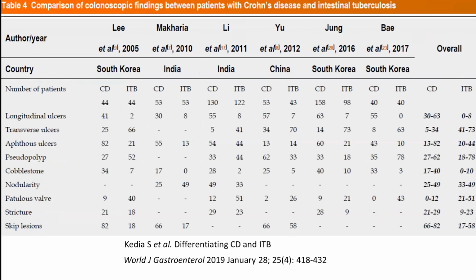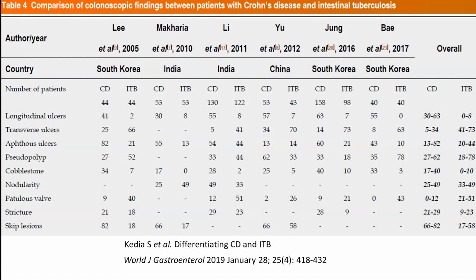The main differential of GI tuberculosis is Crohn's disease. This shows the various features in Crohn's disease and intestinal tuberculosis. Longitudinal ulcers are more common in Crohn's disease, but you can get them in GI tuberculosis also.